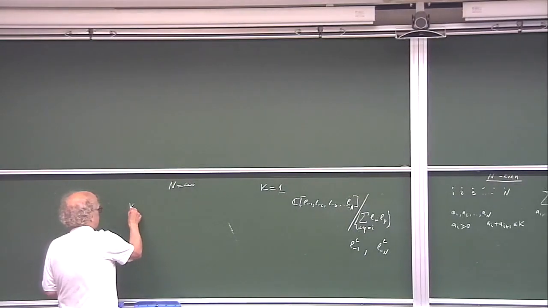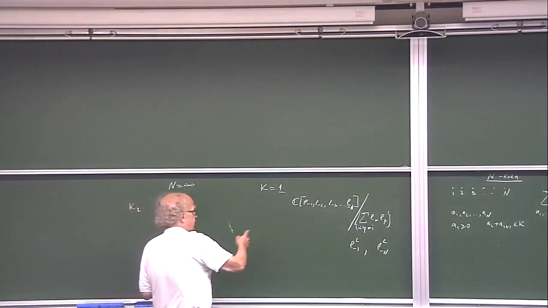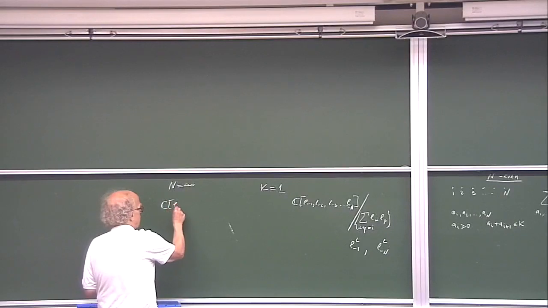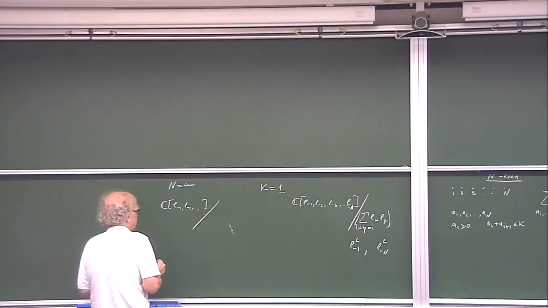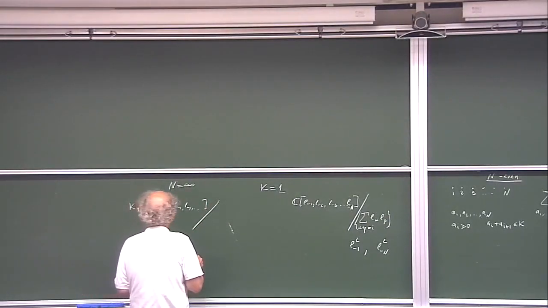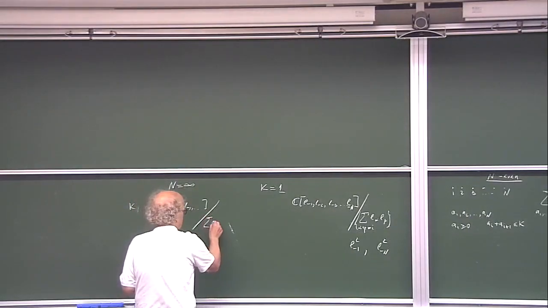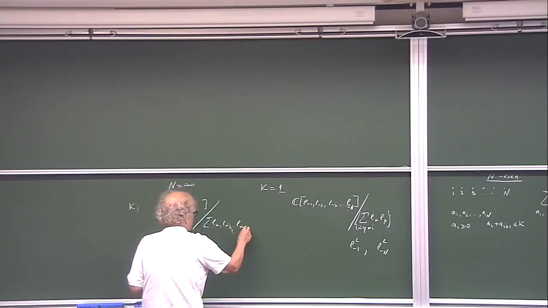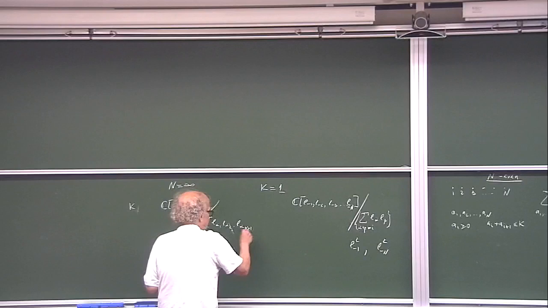Now let us fix some k1. In this case my space for bigger k is what? It is C, E minus 1, E minus 2, and so on, but I factorize it by the sum of E alpha 1, E alpha 2, and so on up to E alpha k plus 1.